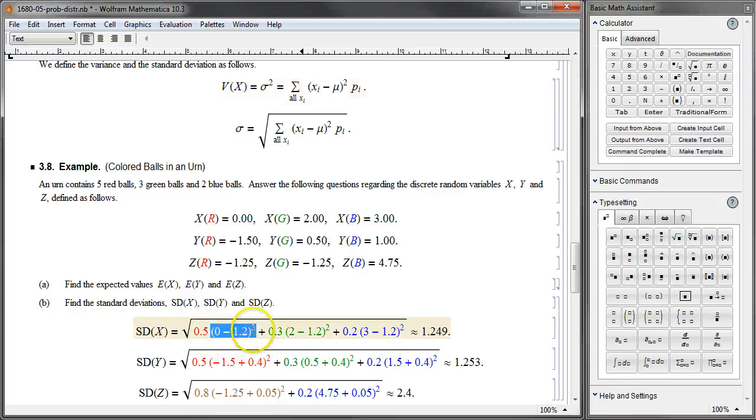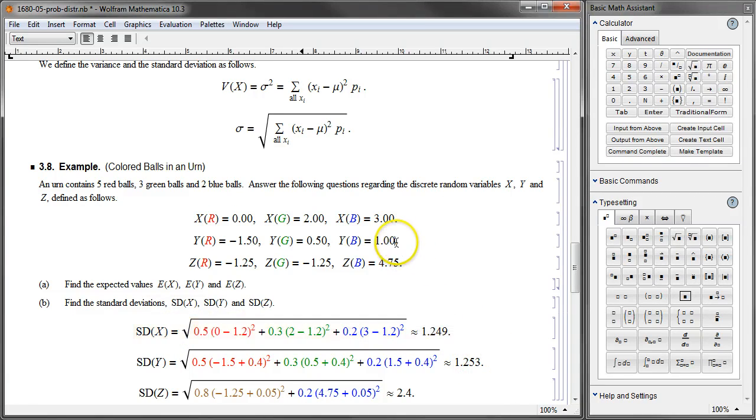Deviation squared, 0 minus the expected value squared, times the probability. Next one, 2 minus the expected value squared. Another deviation squared times the probability. Add them all up and take the variance. Square root of it is the standard deviation.